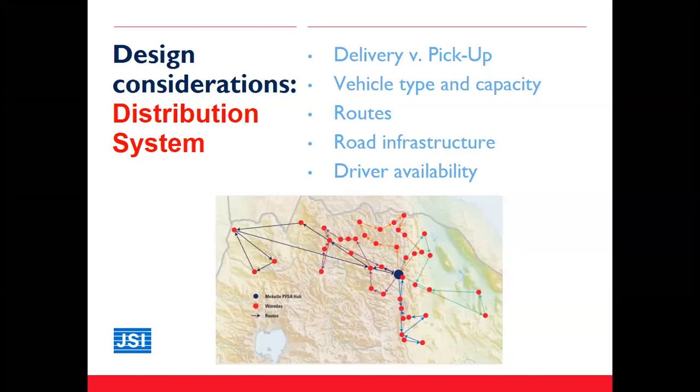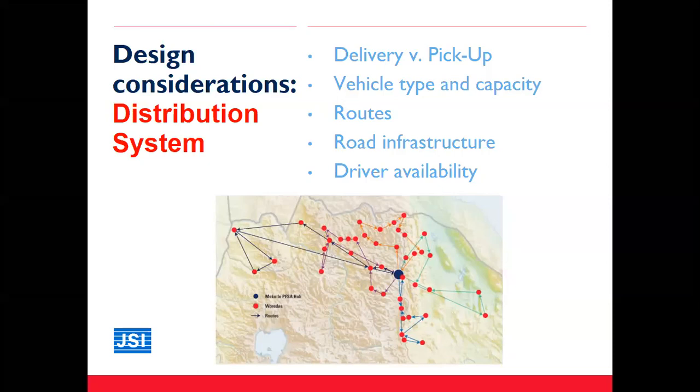Similarly, the design of the distribution system needs to align with the desired flow of products through the pipeline at the frequency dictated by the inventory control system, and taking into consideration the expected volumes of products moving through the system.